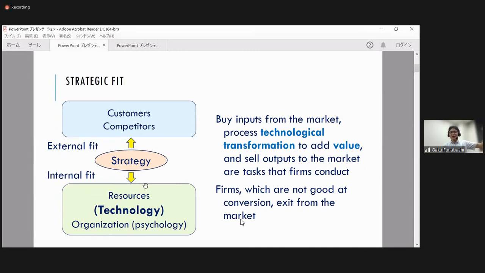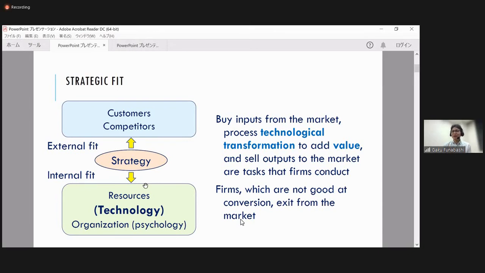A company has input, then gets output and sells this output. Maybe you consider that if I use the word technology, it's only for the manufacturing industry, but it is not.